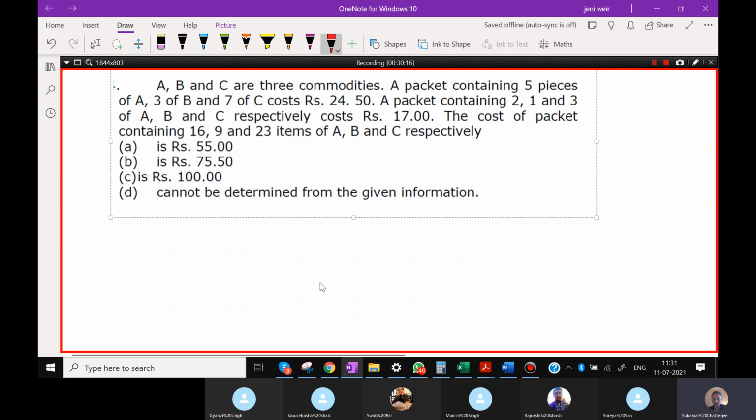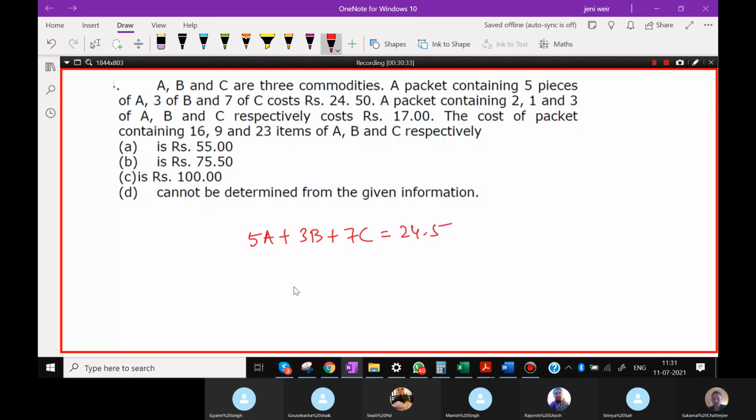So basically you have to manipulate the 2 equations given to get the third equation. The first equation is 5A plus 3B plus 7C is 24.5. The second equation is 2A plus B plus 3C equals 17. And what they're asking is the cost of 16A plus 9B plus 23C.